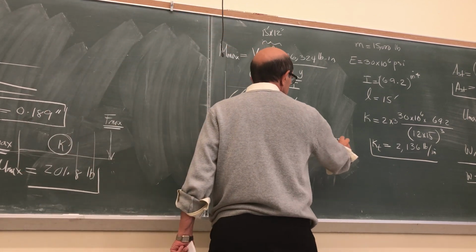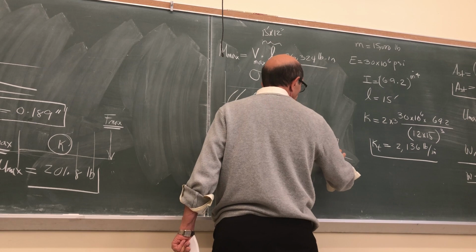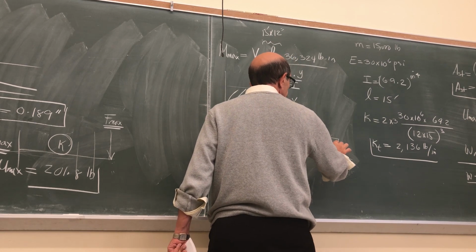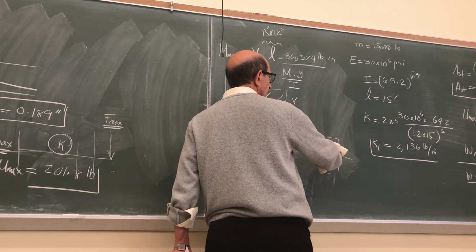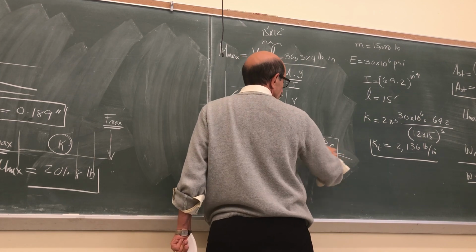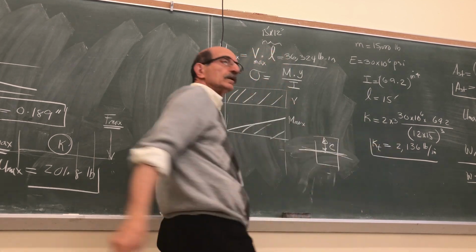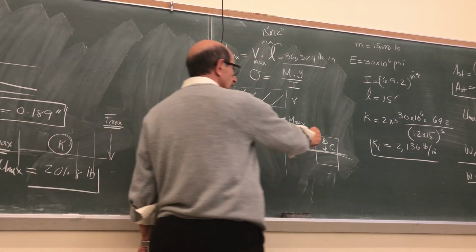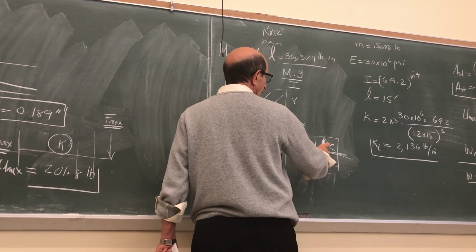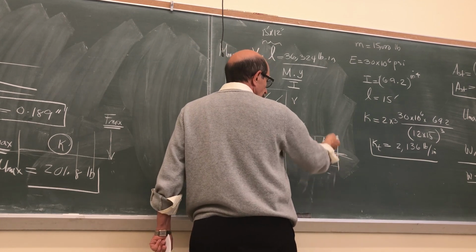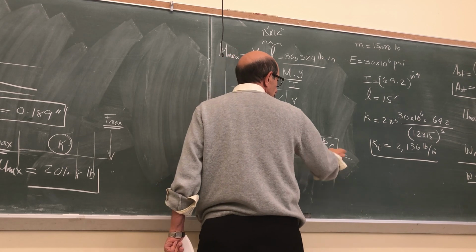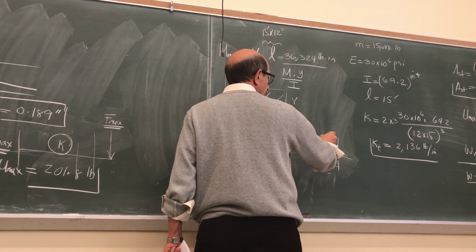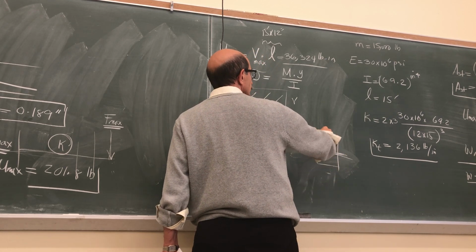So we call that, you remember in strength of material, this one was called C, the distance from the center of this cross section, or the centroidal line or neutral axis, to the top fiber. If it was symmetric, it doesn't matter, top fiber or bottom fiber, but to the extreme fiber, which is where the maximum bending stress occurs.